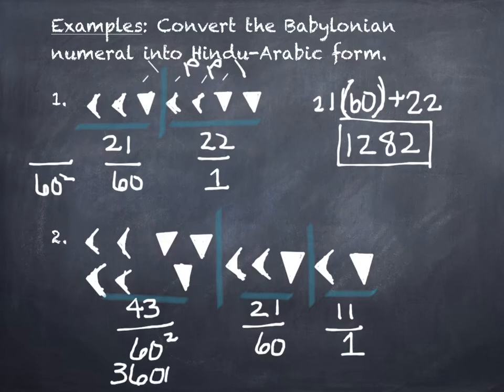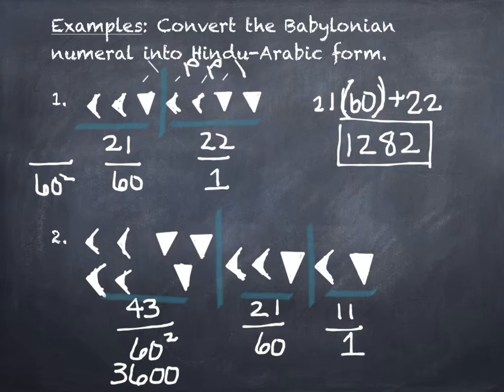3,600. It is. So now you can imagine I come to class and I bring in 43 bags of crayons, and each of those 43 bags has 3,600 crayons in it. That's a huge number. It's a very huge number. And then I also bring in 21 bags of size 60 and 11 individual crayons just left over. Okay?